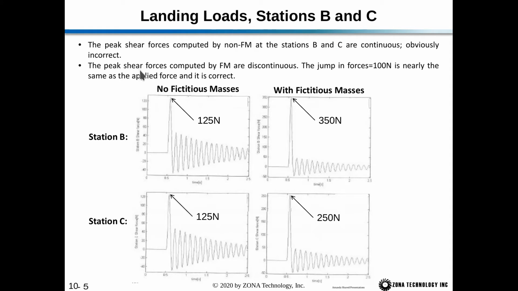So this peak shear force computed by the fictitious mass are discontinuous. The jump in forces of 100 newtons is nearly the same as the applied force, and it's correct. Whereas with the no fictitious masses, stations B and C, the peak shear forces are nearly the same, which is obviously incorrect.